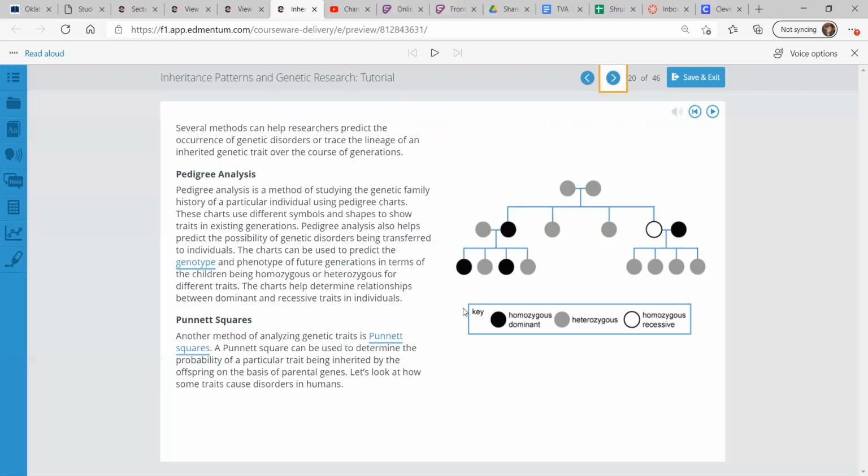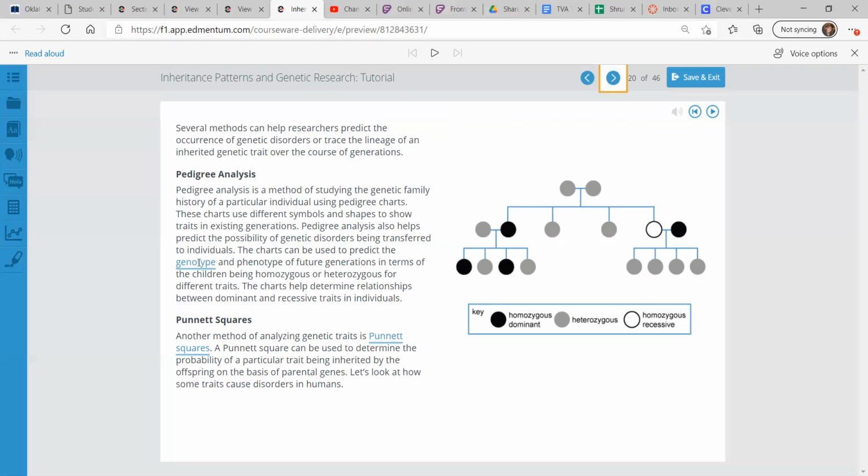Pedigree analysis also helps predict the possibility of genetic disorders being transferred to individuals. The charts can be used to predict the genotype and phenotype of future generations in terms of the children being homozygous or heterozygous for different traits. The charts help determine relationships between dominant and recessive traits in individuals.